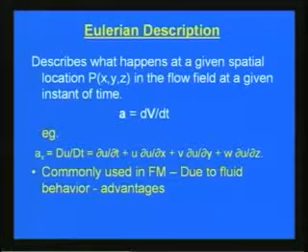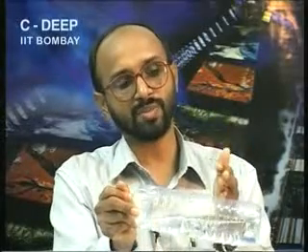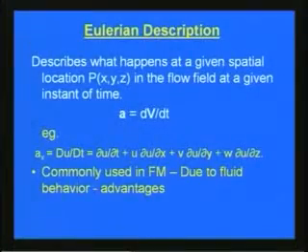For example, if you consider fluid flow in a bottle or in a pipe, we consider a particular section with respect to x, y, z dimensions and see what is happening to the various fluid particles at that section with respect to time. So the acceleration can be written as the total derivative, a is equal to dv by dt.